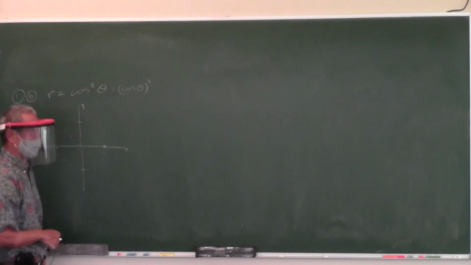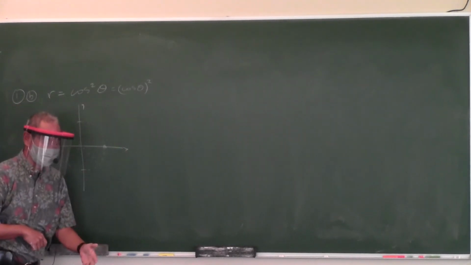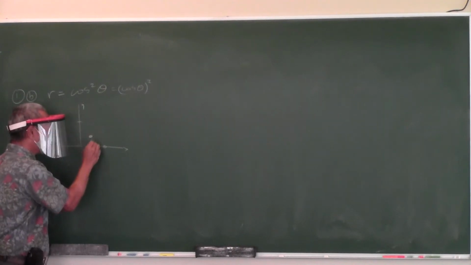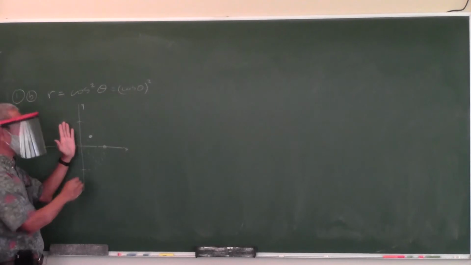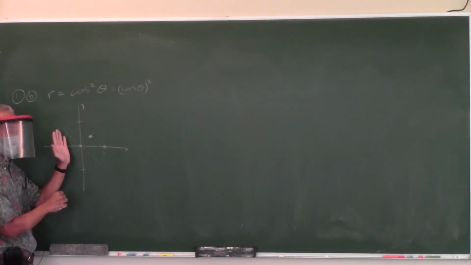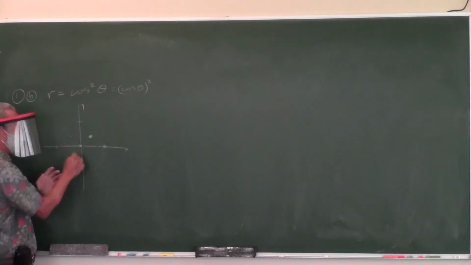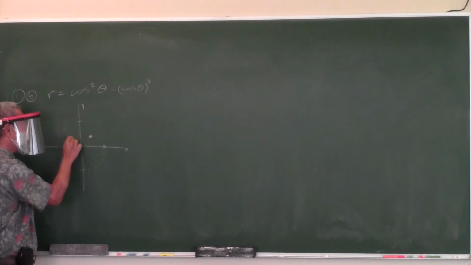So 1 over root 2 squared, 1/2. Pi over 2 now: 0. 3 pi over 4: 1/2, because it's negative 1 over root 2. You square it, you get positive 1/2.